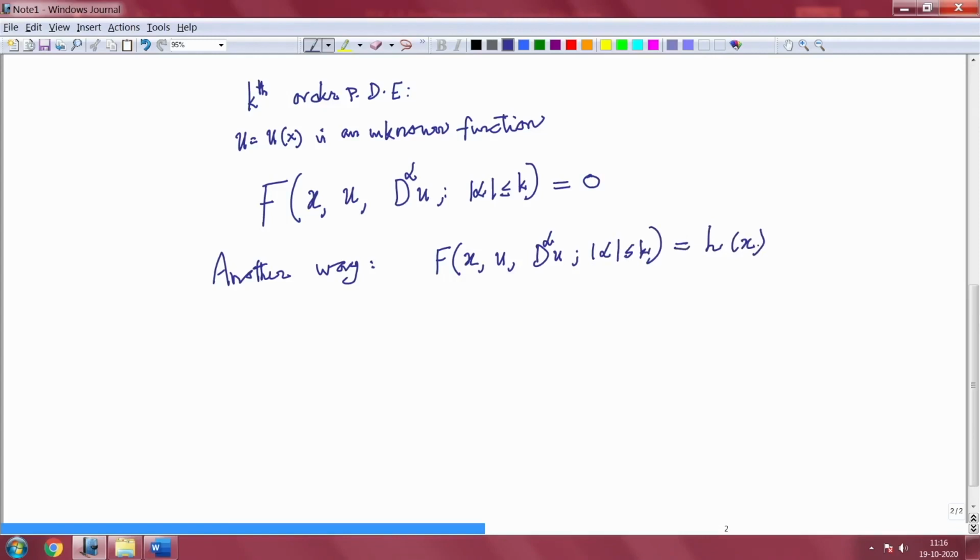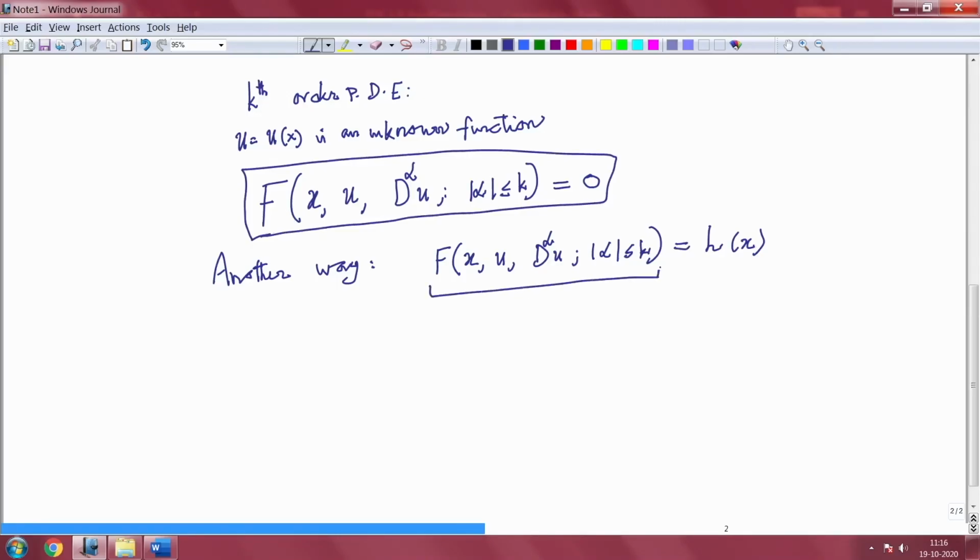Here f is some function, it maps from some domain Omega, or it can be R^n also, for the x variable.